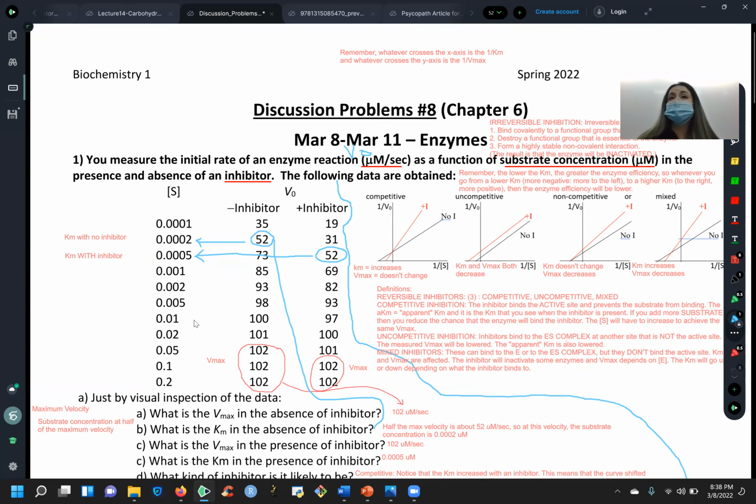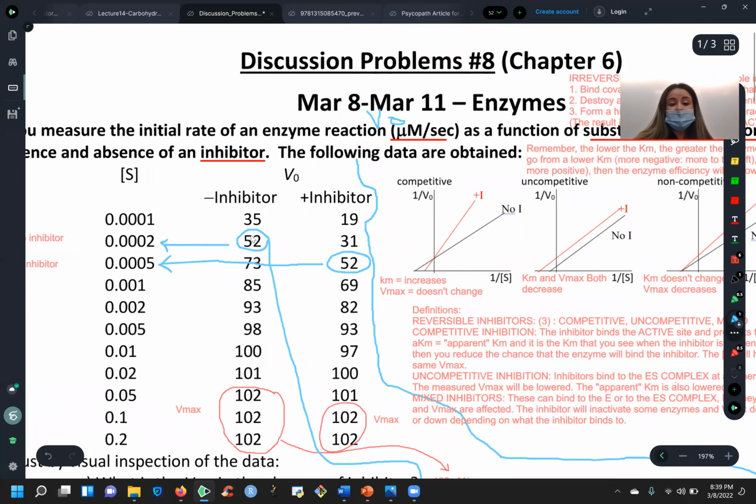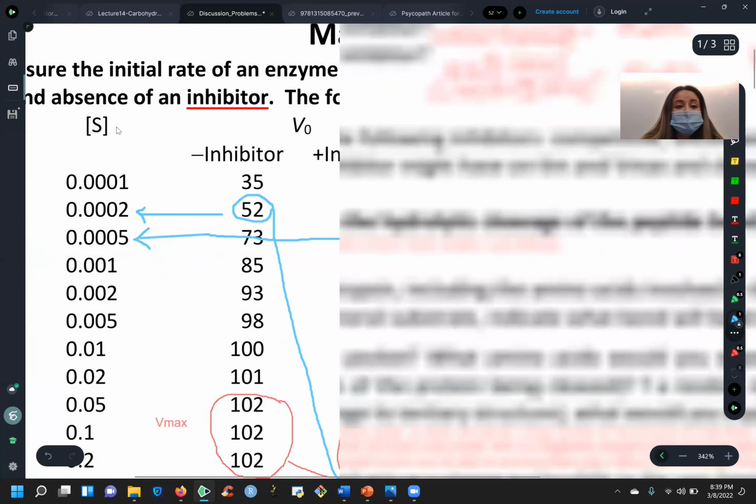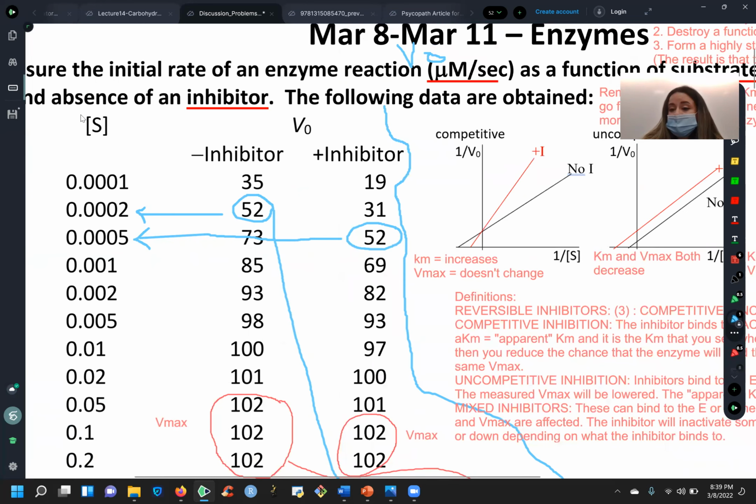It's actually super easy. Okay, all right, so they want to know the Vmax without the inhibitor. Well, let's look at what we have here. We have, oh, it's really slow, sorry, substrate concentration. Then they give us V naught, initial velocity, with no inhibitor and with an inhibitor, okay?